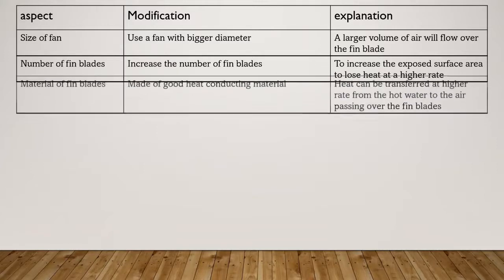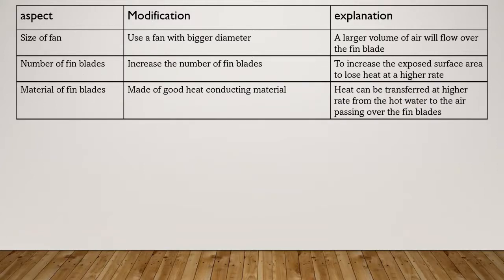Okay, next, material of fin blades. Bahan yang kita gunakan untuk membina bilah tadi, made of good heat conducting material. Kita buat daripada bahan konduktor haba. Heat can be transferred at higher rate from the hot water to the air passing over the fin blade.